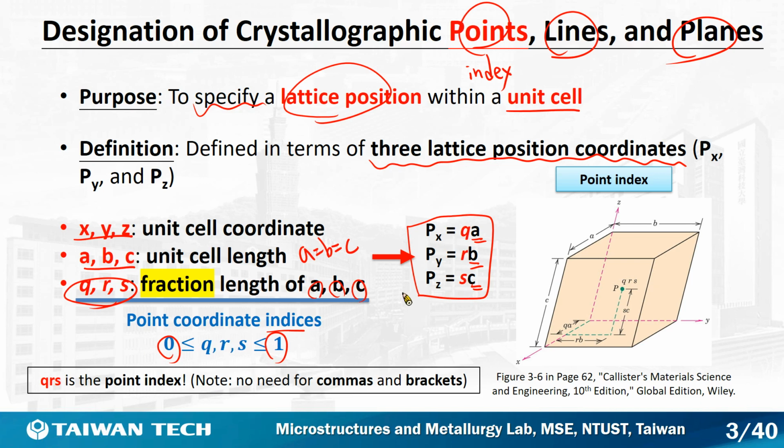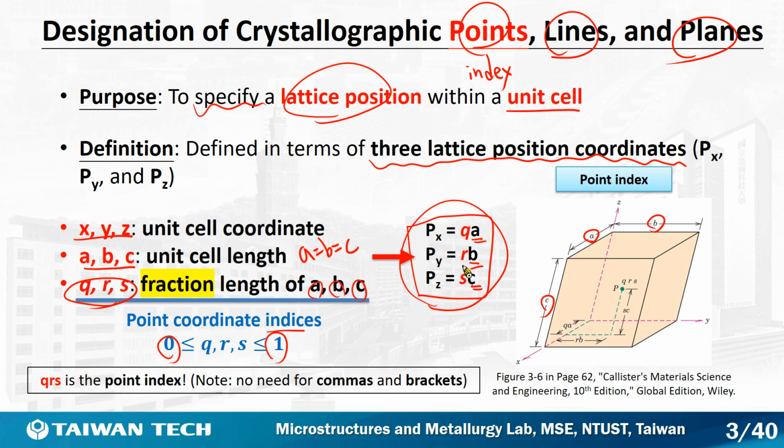Okay, for example, this is a unit cell. We have a, b, and c for the lengths of the unit cell. Then let's try to specify a point index here. For example, this point, this is q, r, s. For q, r, s, we use these equations.